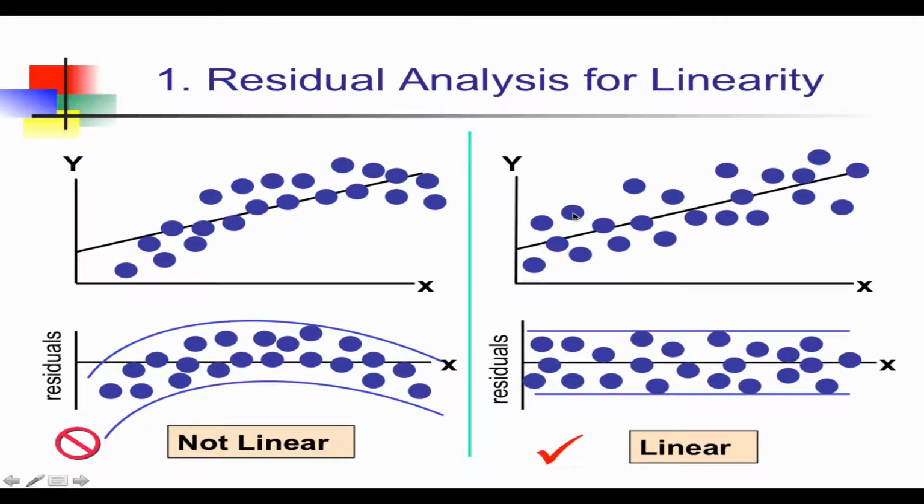That means the residual of any observation from the fitted line is random. It could be positive, it could be negative, but there's no systematic trend. Okay, so this is the first diagnostic of linear regression: when you plot residual versus x, you're looking for some random pattern here.